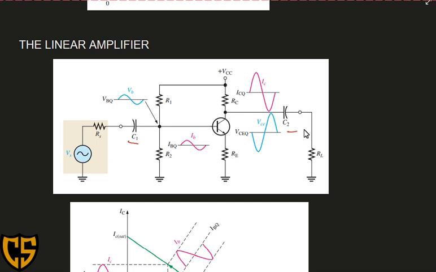The coupling capacitor blocks the DC of our sources, and thus prevents the internal source resistance RS, and likewise the load resistance RL, from changing the DC bias voltage at the base and the collector.